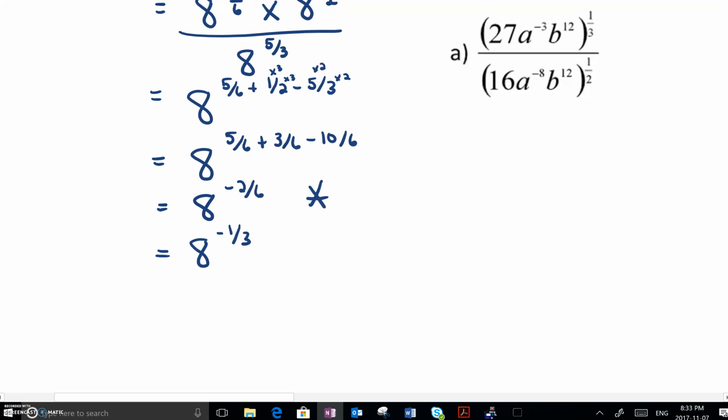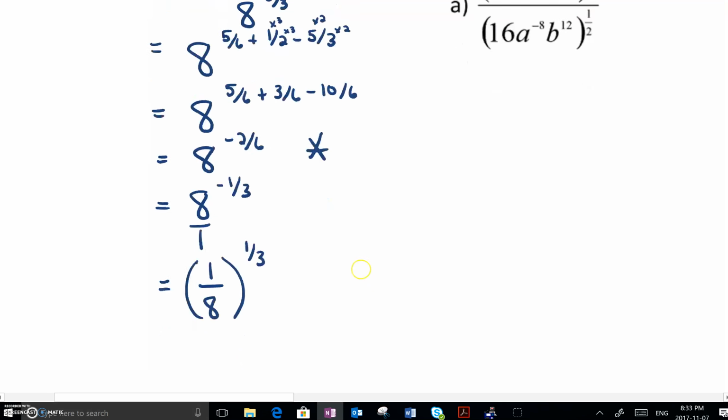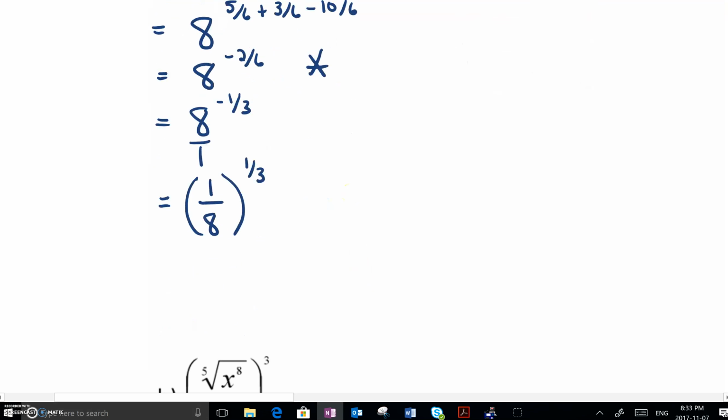Now you can't leave your answer like this. 1, because there's a negative exponent, and 2, because there's a rational exponent. So there's a fraction there. So we're just going to simplify this by creating a fraction to get rid of the negative exponent. We're going to do the reciprocal and turn this exponent positive. Once we're done doing that, we're going to make a root of 1 over 8.